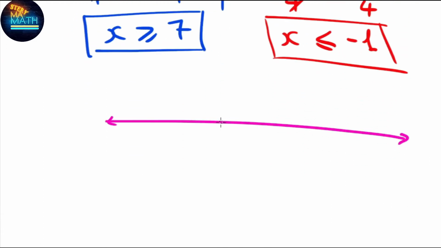And here on the number line, negative 1 will be on the left and 7 will be on the right. X is less than or equal to negative 1. Here is negative 1 with closed circle, and go to the left because x is less than.